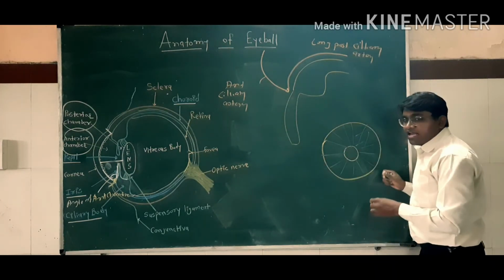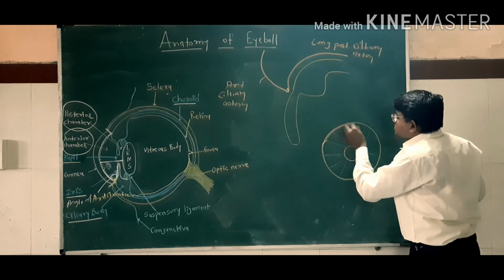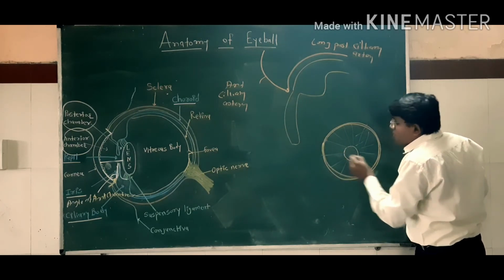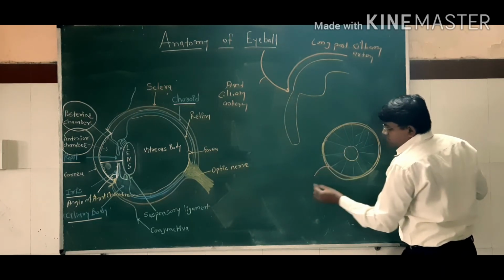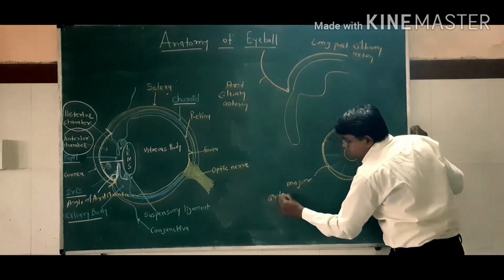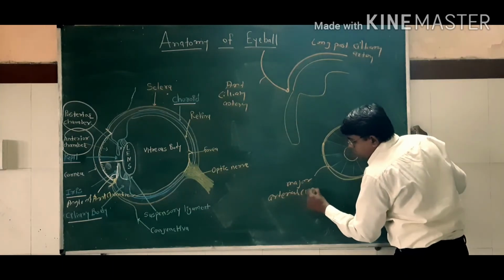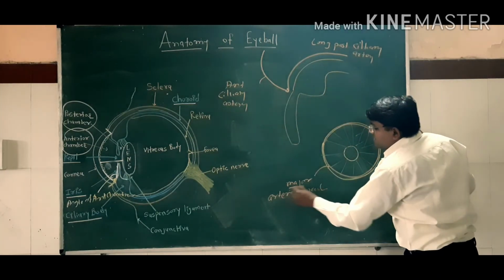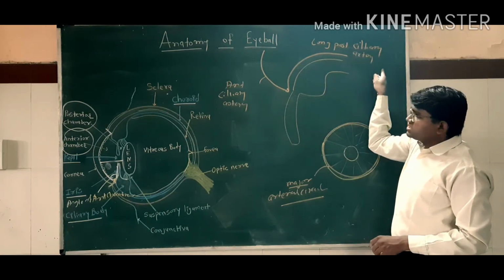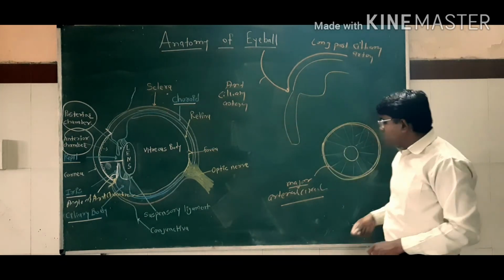On its peripheral area there is one arterial circle, and this circle is known as the major arterial circle. This major arterial circle is formed by the long posterior ciliary artery and the anterior ciliary artery.